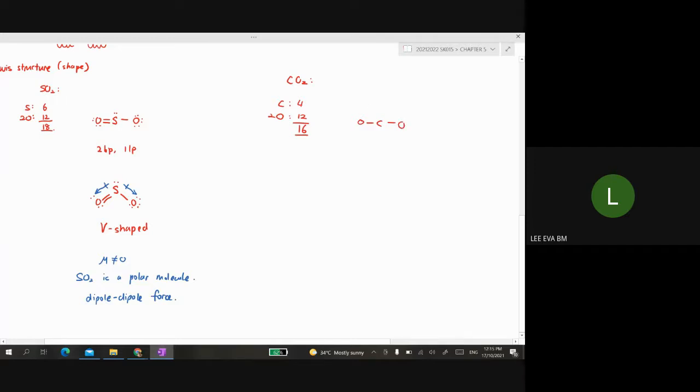And then surrounding, we have another 2 oxygen. So completing your octet for the surrounding atoms, now you have got 16. But carbon is not happy because it is not octet, so we have to borrow. As you know lah, we want to find the most stable Lewis structure. So this will be the structure of your carbon dioxide.